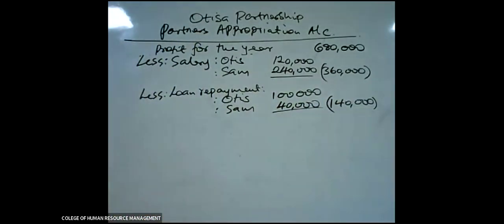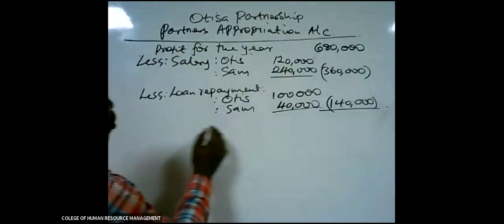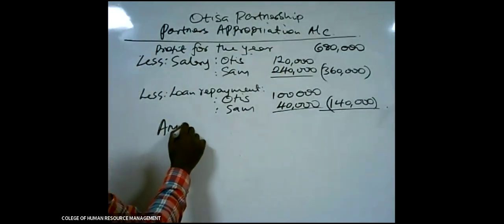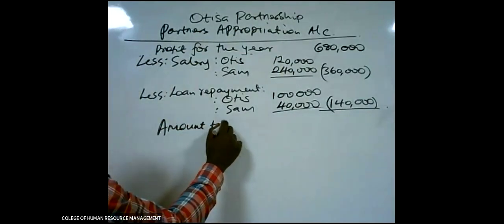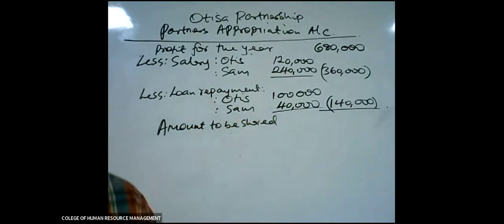Then whatever remains after paying the salaries and the loan to the partners, that is the amount to be shared. It's 680,000 minus 360,000 minus 140,000.